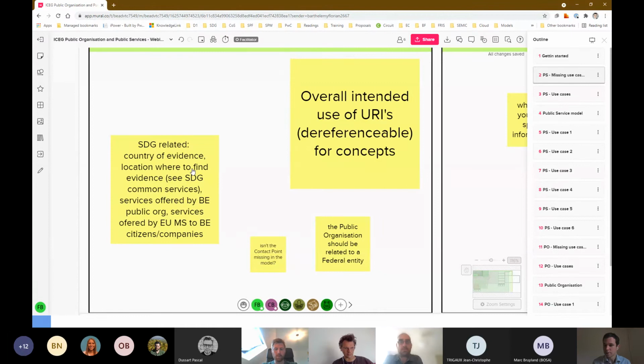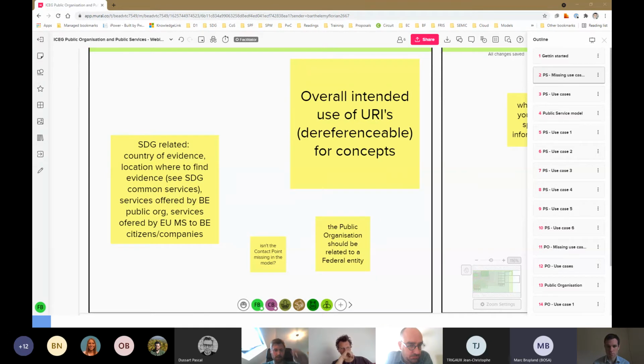Yeah? It was me that entered this post note. I think it's important to realize that Belgian citizens are confronted with public services in Belgium at various levels of government, but they will also be able to use services that are offered by other member states in the European Union.